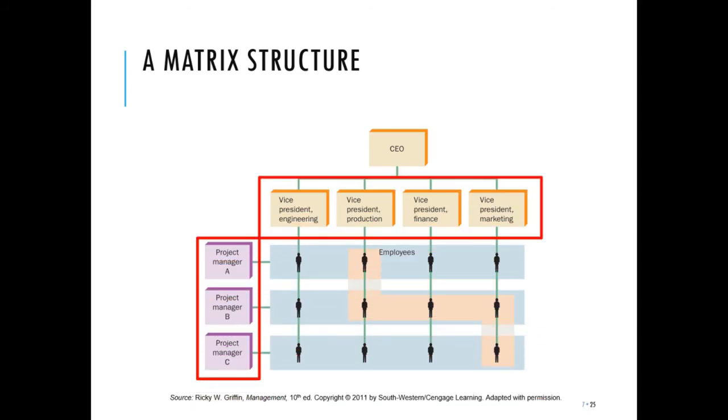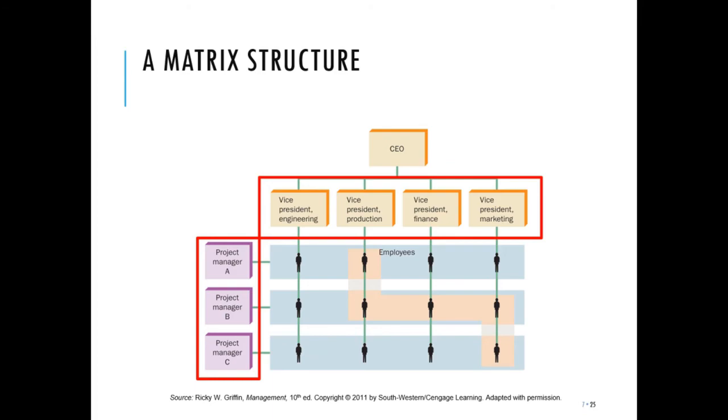Both vertical and horizontal lines of authority are formed. Like in this case, we have on the one hand function and on the other hand projects. Authority flows both ways, down and across.